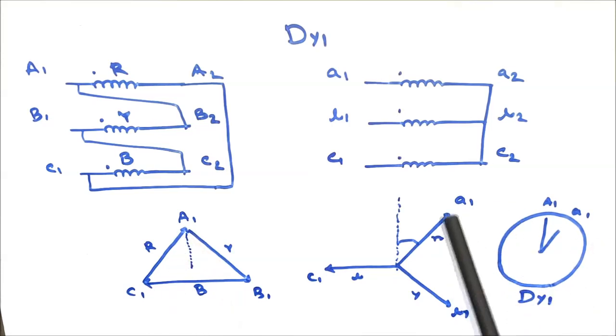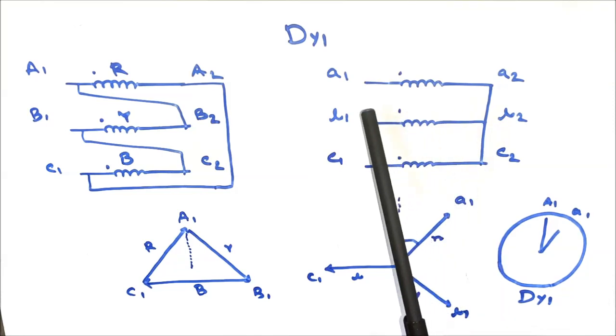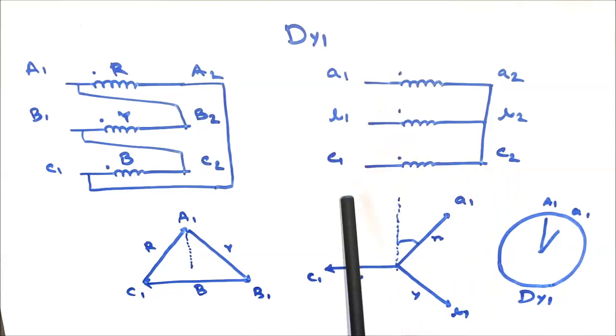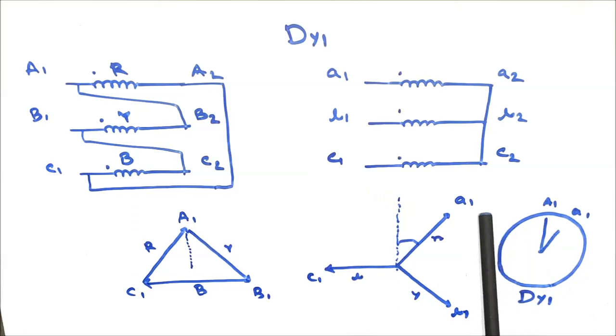In case of the star connection, we have shorted A2, B2, C2 to form the star formation in the LV side winding, and A1, B1, C1 are the connection terminals.